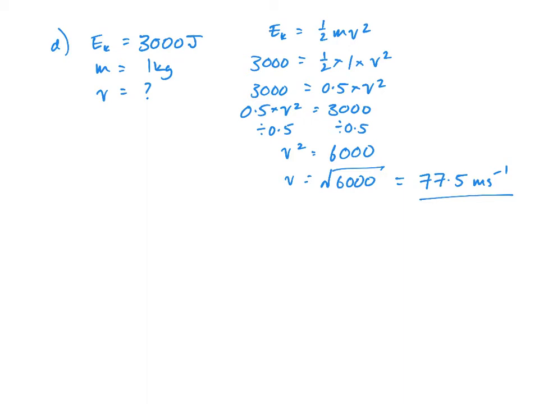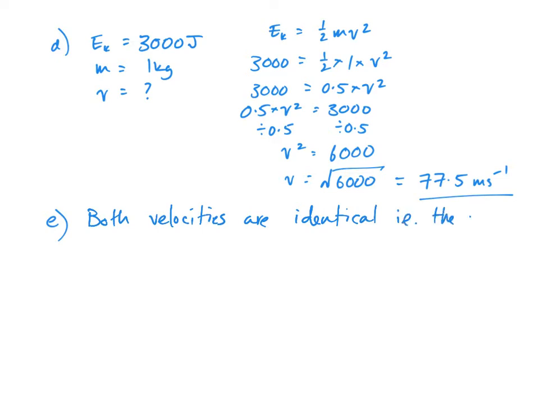And that's what you're expected to comment on in part E. Okay, so both velocities are identical, i.e. the mass of a falling object doesn't affect its speed, the velocity.